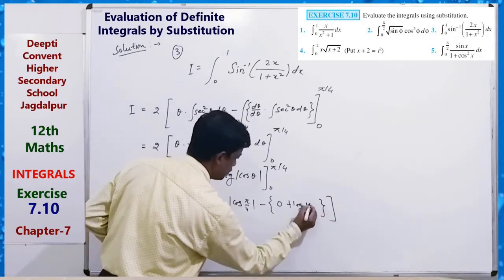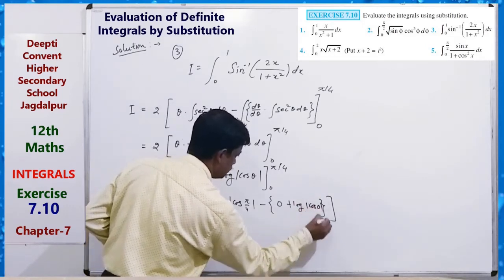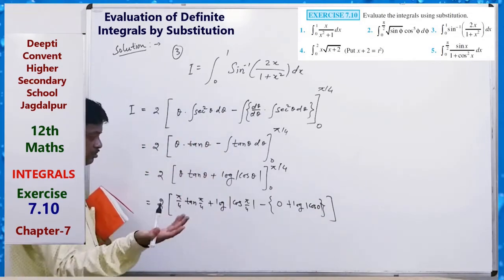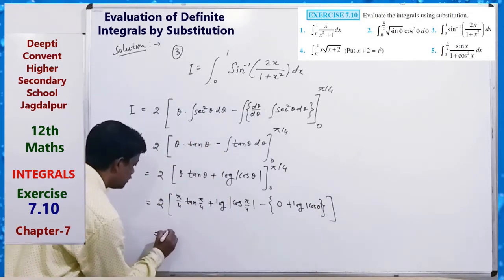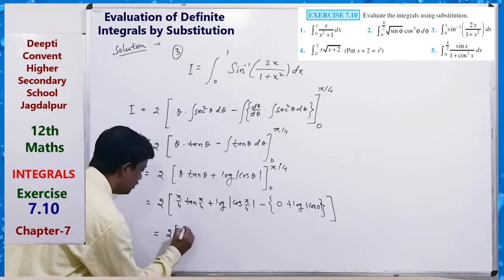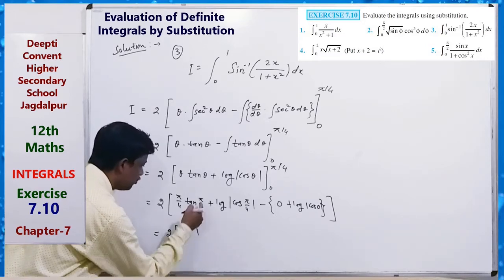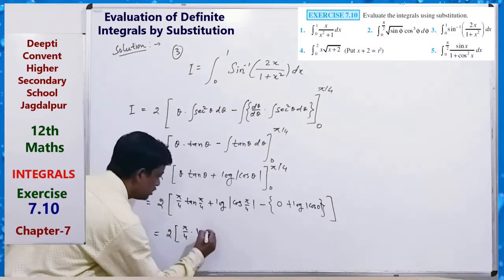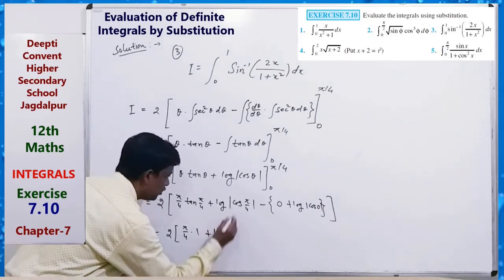Cos 0 is 1, log 1 is 0, finished. Clear?